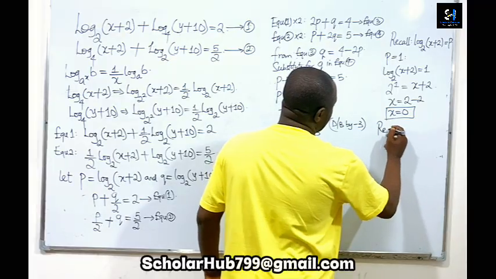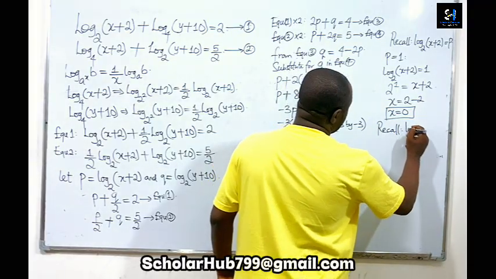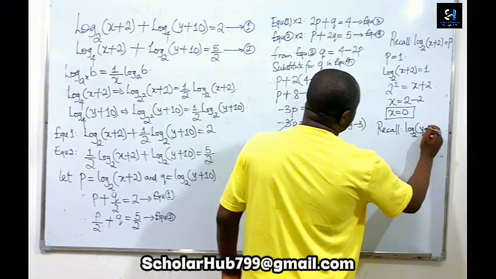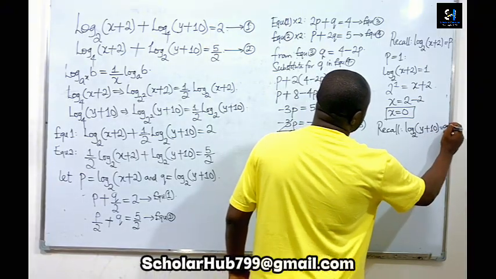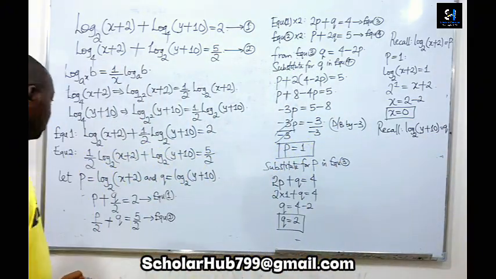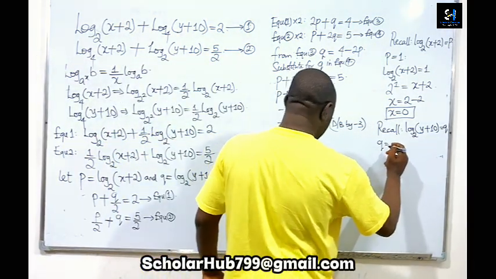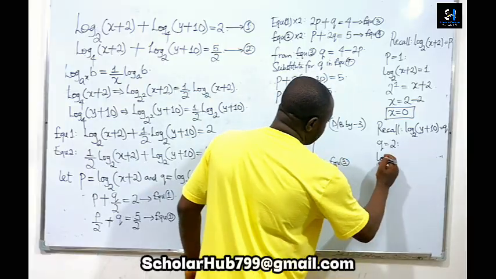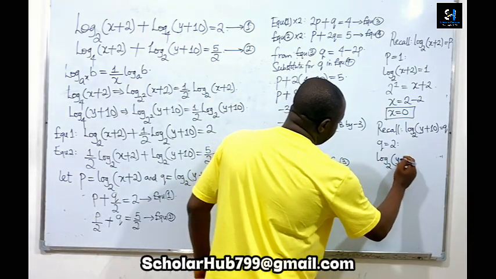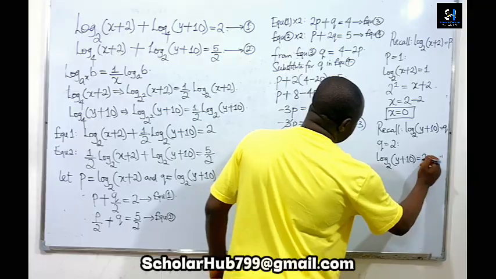Again, I'm going to recall that log base 2 of (y + 10) is equal to q. And because the value of q is now 2, it means that log base 2 of (y + 10) will be equal to 2.